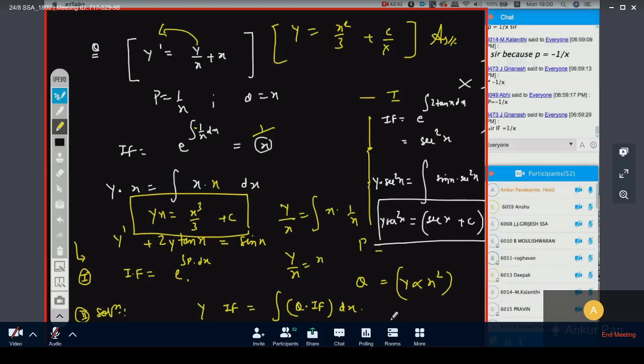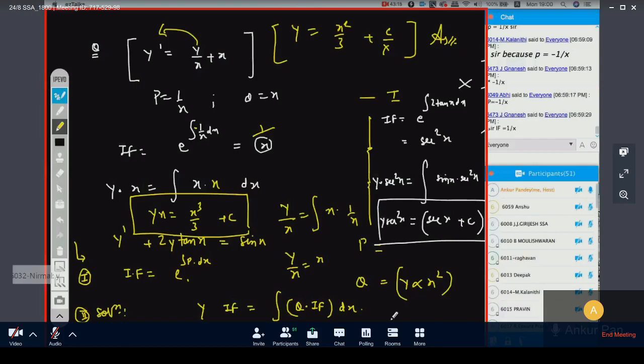Is there an option like this? Yes, there is an option like this. Right? Good guys, good observation, very good. You got the method.